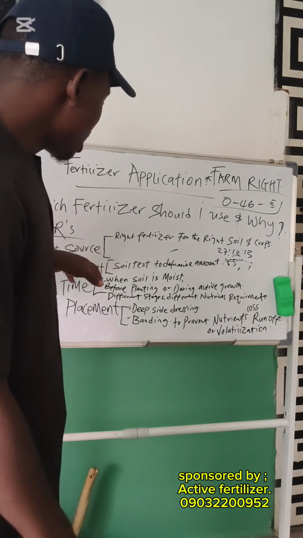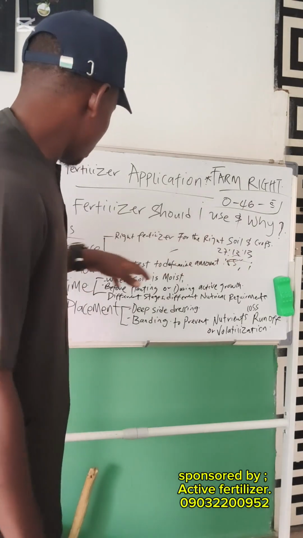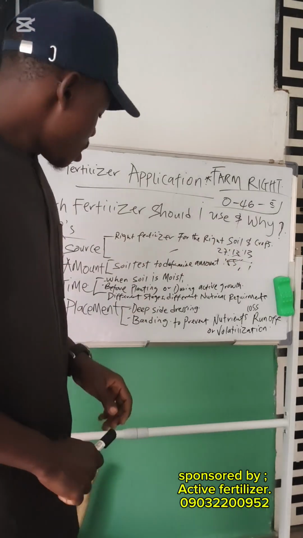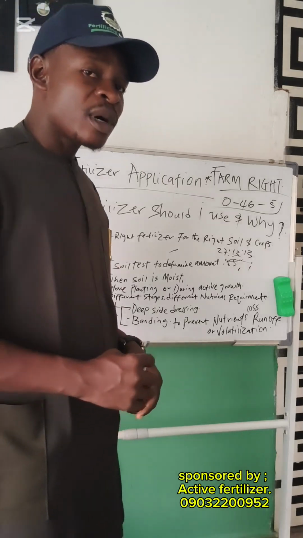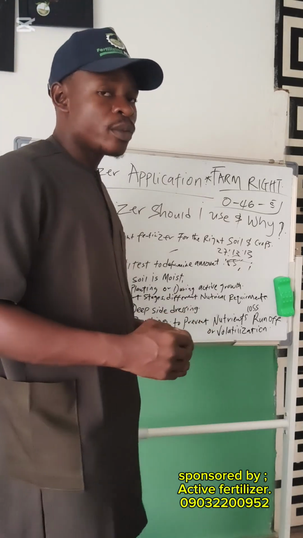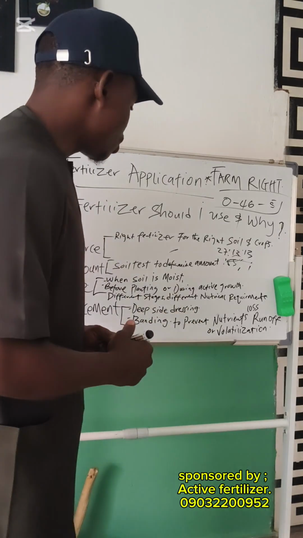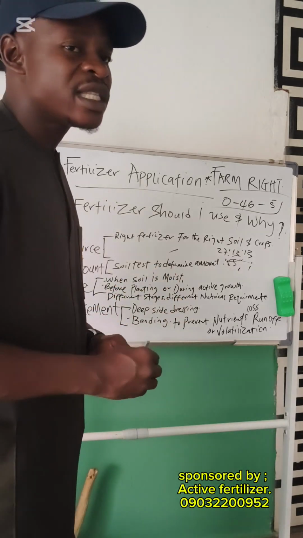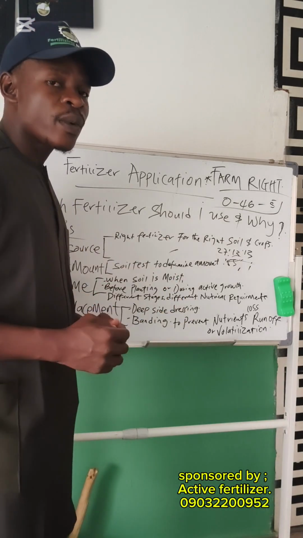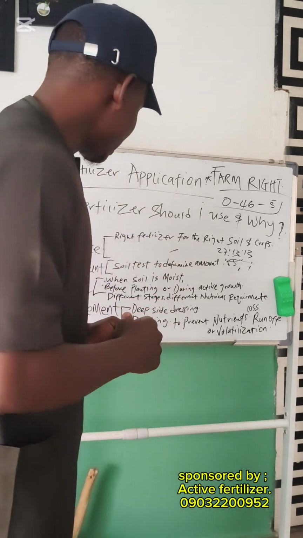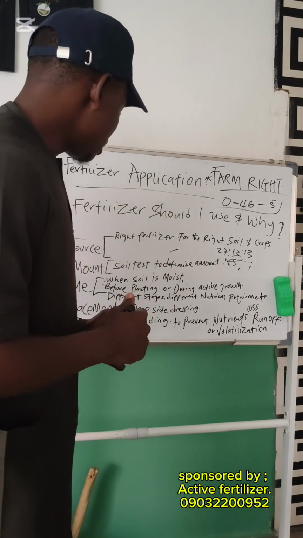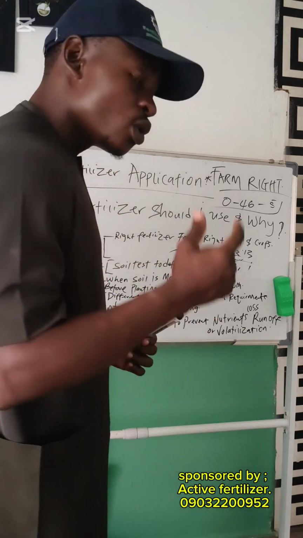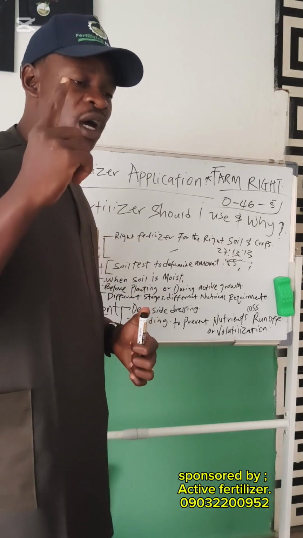The right amount goes hand in hand with the right source. Before you determine the right amount of fertilizer to apply to your crop, make sure you carry out a soil test to know the amount of fertilizer nutrient that is lacking for your crop. But there is a standard amount of fertilizer that is required to grow a particular crop.